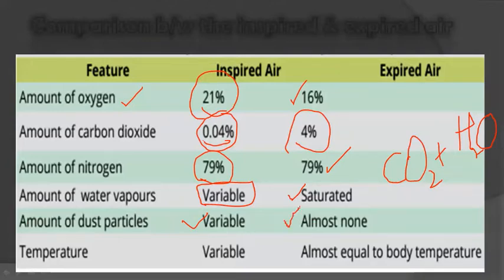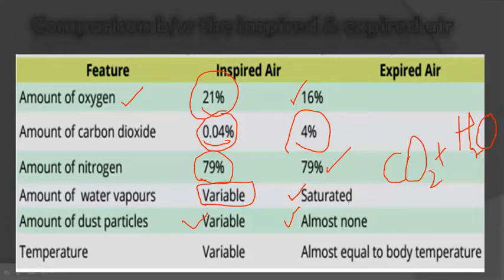But we exhale no dust particles, because in the previous topics we have studied that dust particles which go in our body are filtered out, or stuck with mucus and removed by cilia, which are present in all our respiratory system, including our nose, trachea, bronchi, bronchioles.